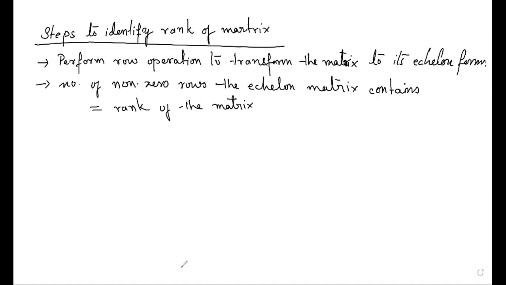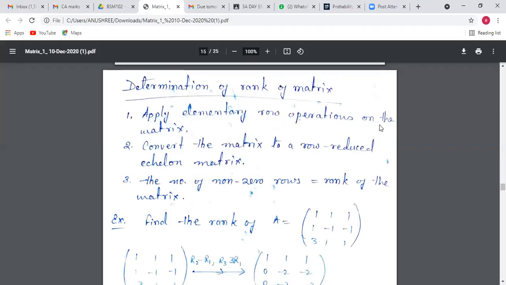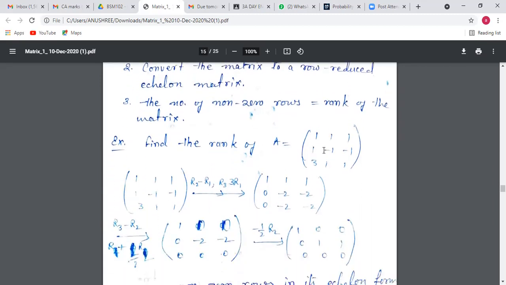Now let us take a particular example so that we can find the rank of that matrix. Apply elementary row operations on the matrix, convert it to a row reduced echelon form. The number of non-zero rows equals the rank of the matrix. So let us take a matrix: 1, 1, 1, 1, minus 1, minus 1, 3, 1, 1.